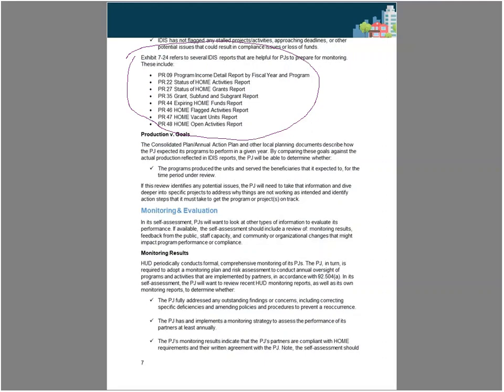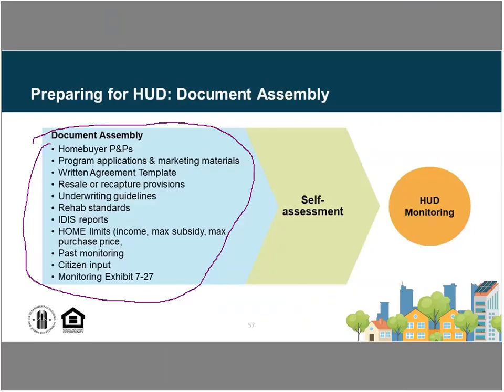This is the HOME monitoring assessment tool on page 7, one of those documents that you can download. So you want to be checking your PR 27, the PR 35, as well as the open activities report, the PR 48. These are some IDIS reports that you can ask your IDIS people to download for you to have available.